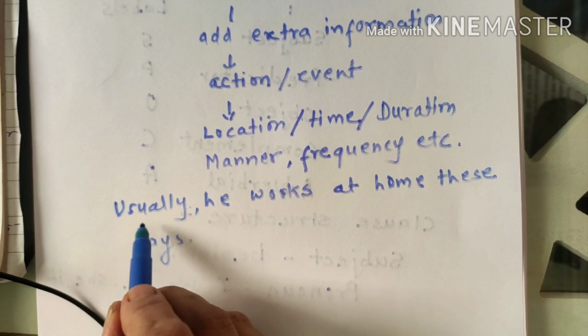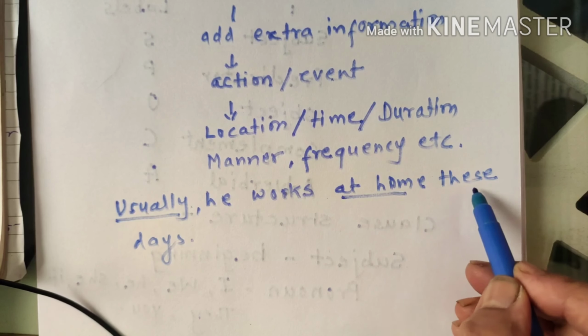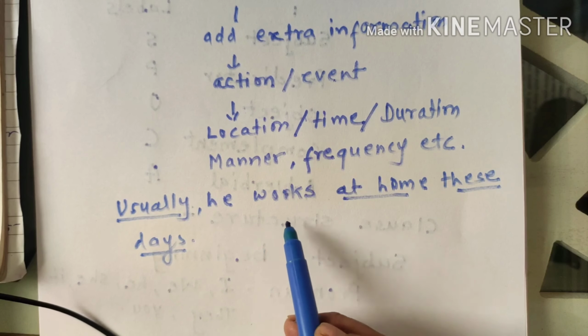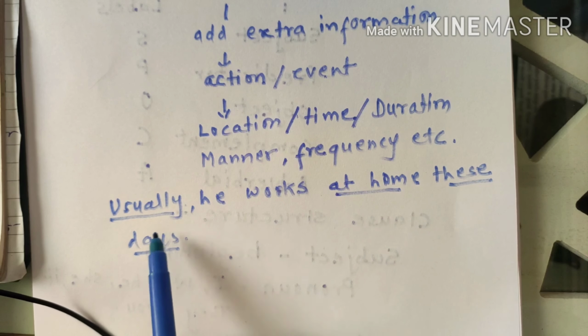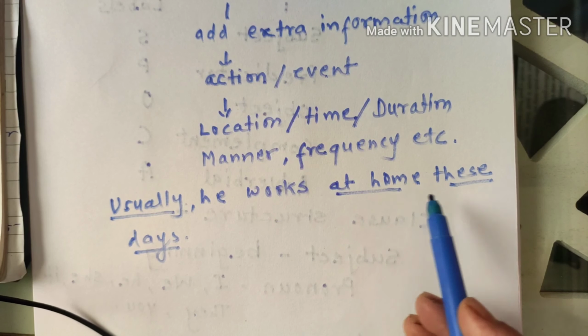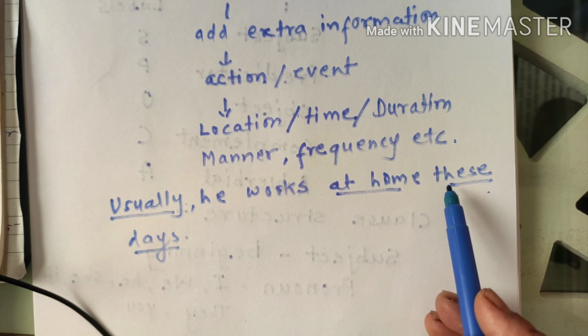Now, in this sentence, we have usually, at home, and these days. All these are called adverbials. Usually is a sentence adverbial, at home is an adverbial of place, and these days is an adverbial of time.